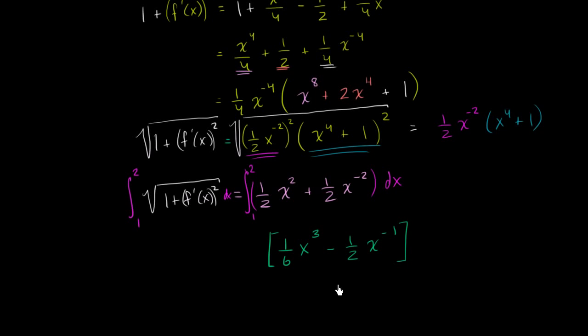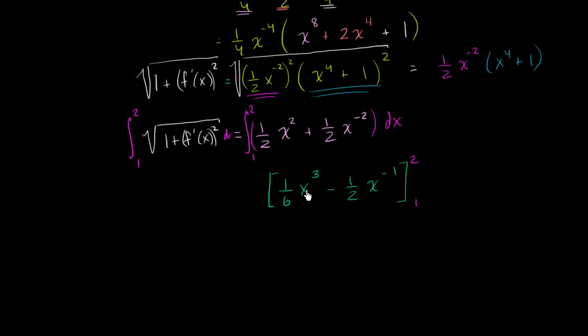And we're in the home stretch. We're going to evaluate it at 2 and at 1. When you evaluate it at 2, you get 2 to the third, which is 8 over 6, minus 1/2 times 1/2. So this is minus 1/4.